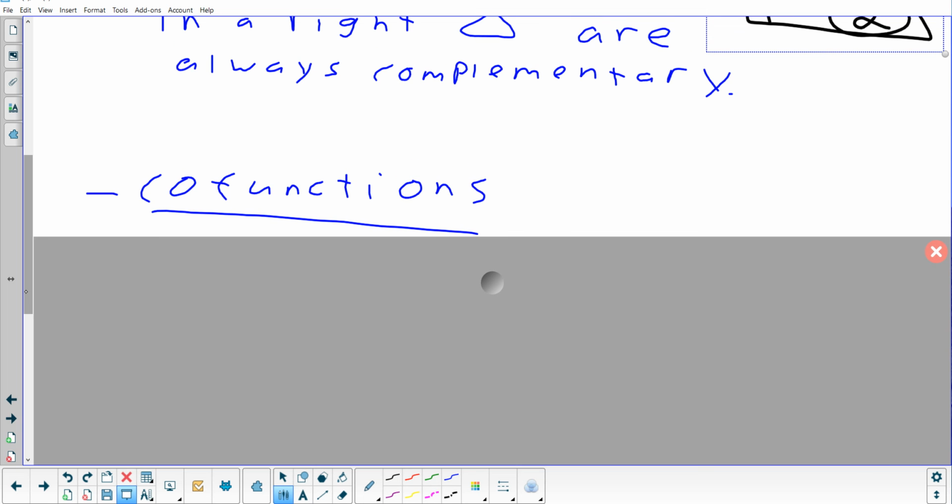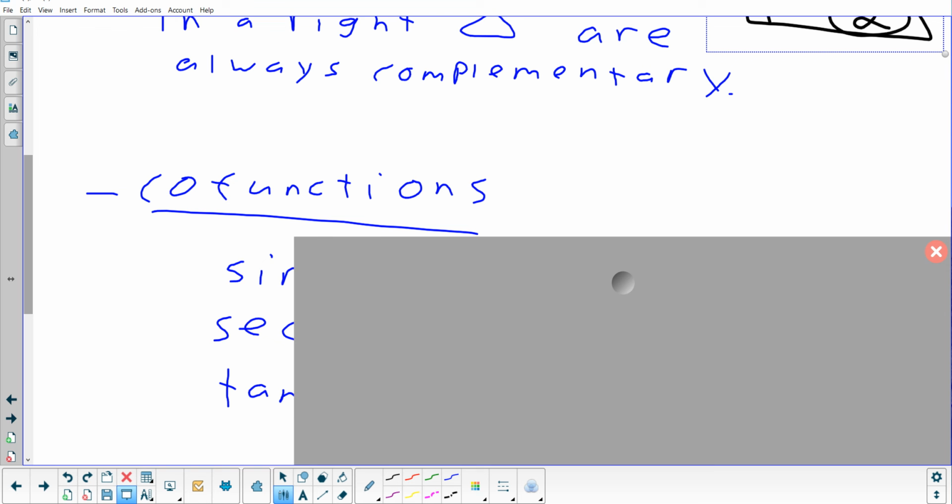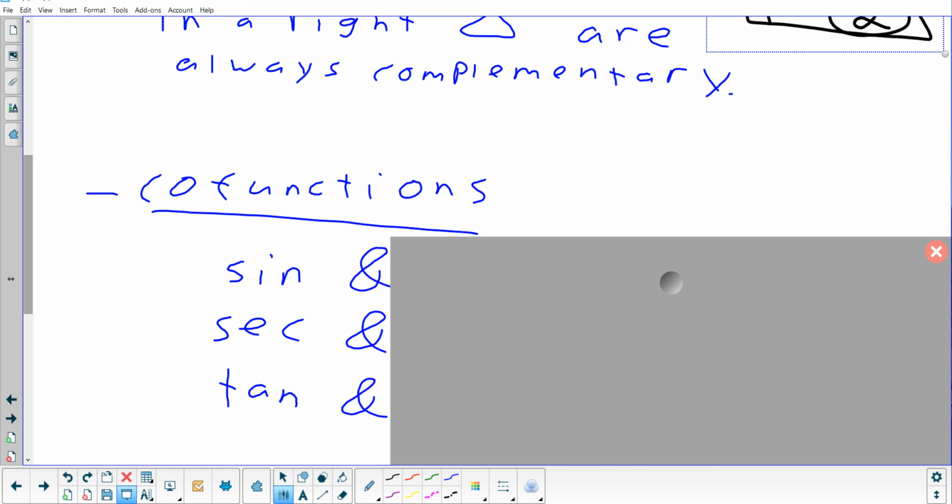Cofunction, very simply, is just when you take a trig function and you put the word co in front of it. So what function would you get if you put the word co in front of sine? Yep. Cosine.